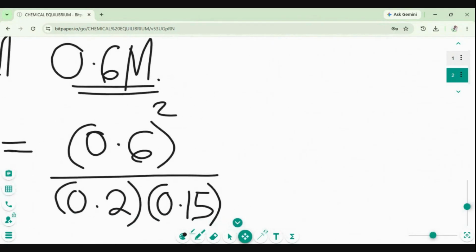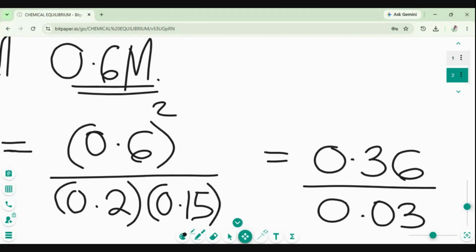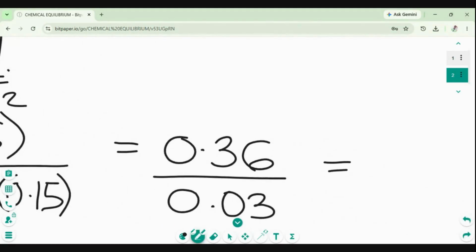So up there we shall have 0.36 being divided by, let me get my calculator very fast here. So 0.6 squared is 0.36, while 0.2 times 0.15 gives 0.03. And finally, what does that give? 0.36 divided by 0.03 finally gives 12.